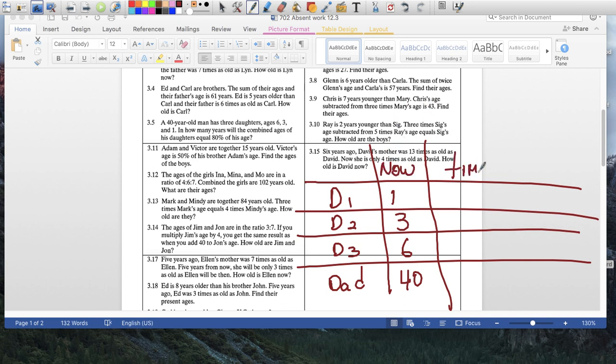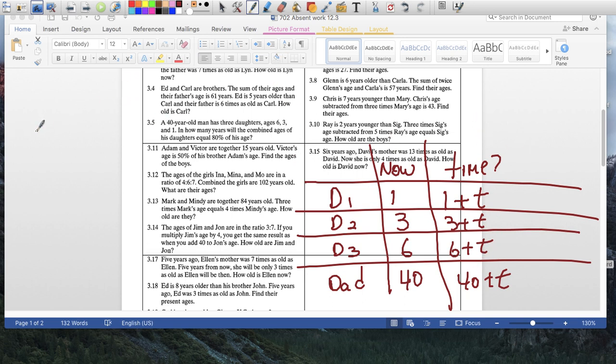Now, in a time that I don't know, it's going to be 1 plus whatever time, 3 plus whatever time, 6 plus whatever time, and 40 plus whatever time. The sum of these 3 daughters' ages, right? In, I don't know, it could be 5 years or 6 years, or whatever ages they'll be at that point in time, will be 80% of whatever age he's going to be.